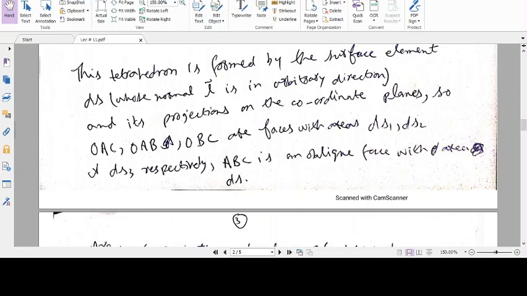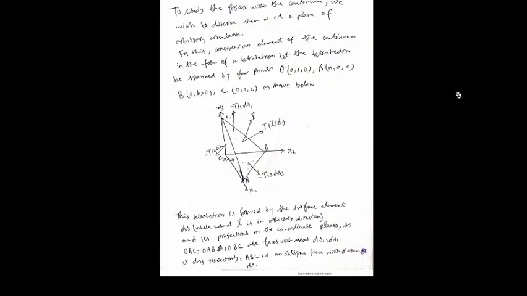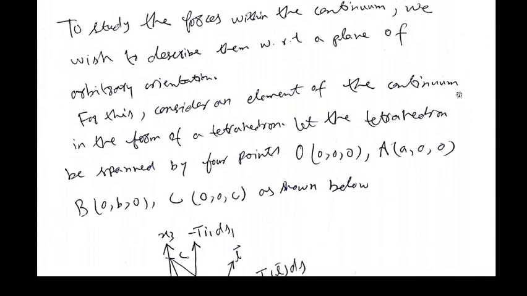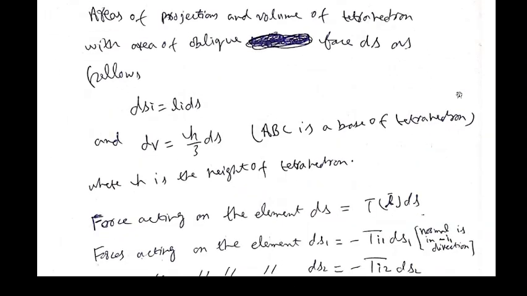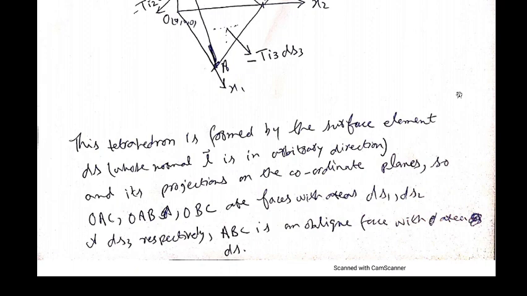We have 3 orthogonal faces, and these should be like this: OBC, OAC and OAB, with areas dS1, dS2 and dS3 respectively.